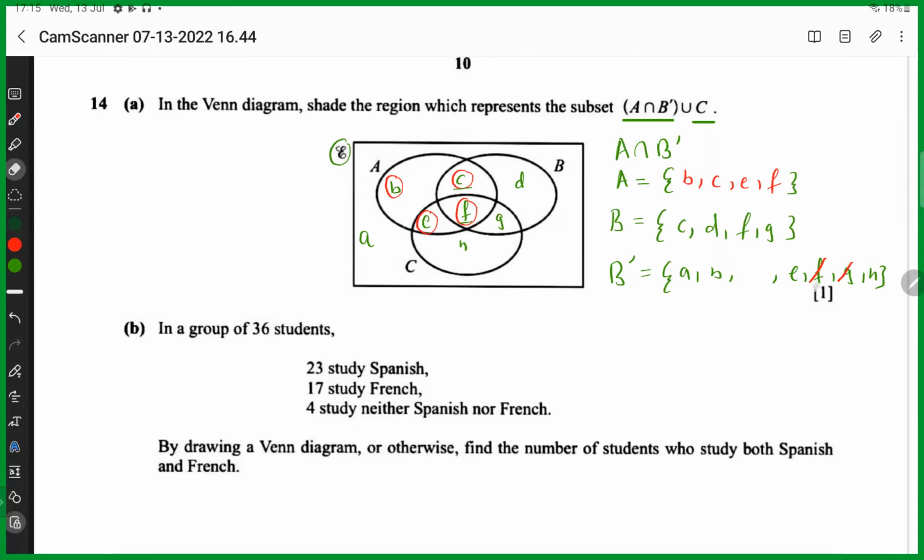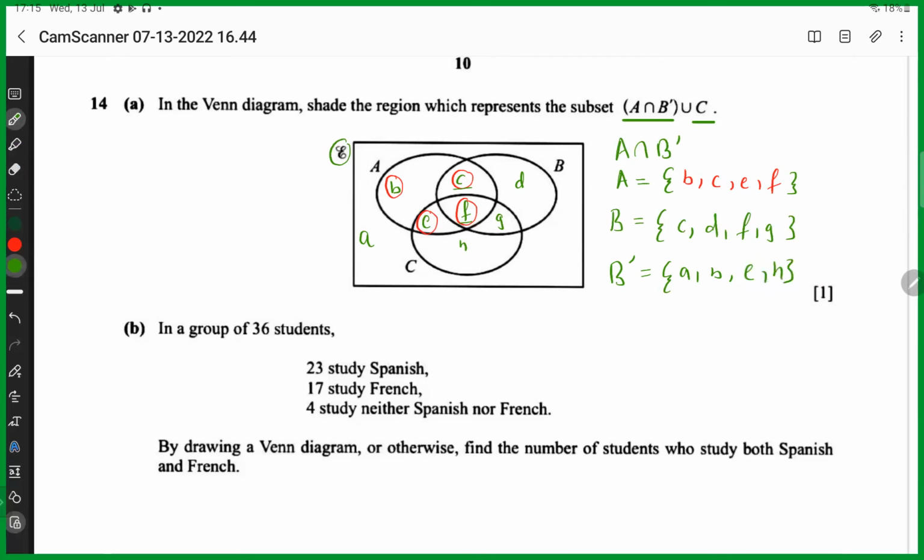C and D would be erased and F and G would be erased, and I am left with A, B, E, H. Okay, these are the elements which I am going to have. Let me write it down properly. E and H. All right.